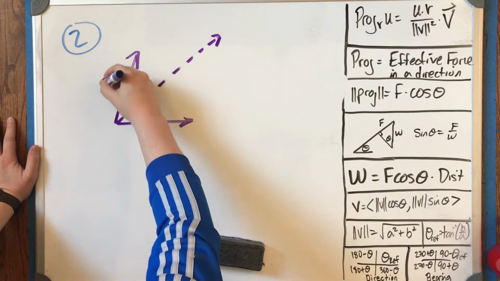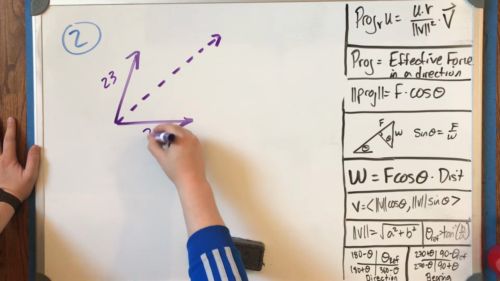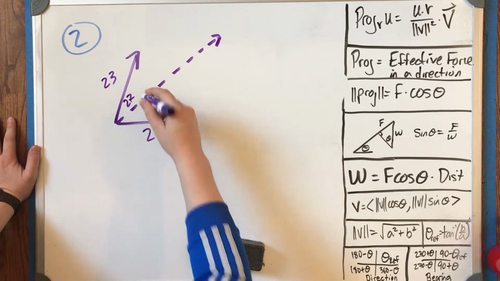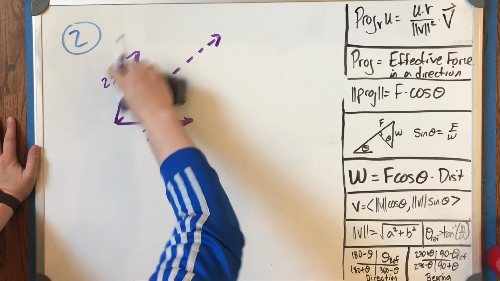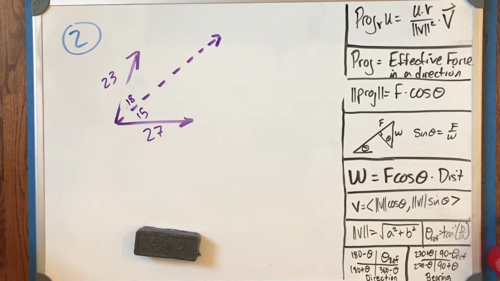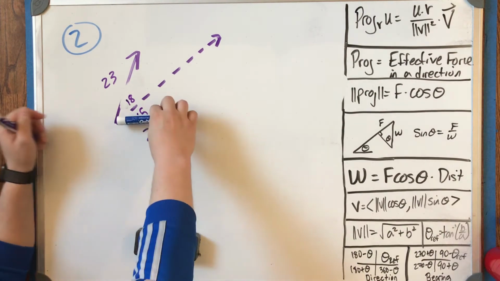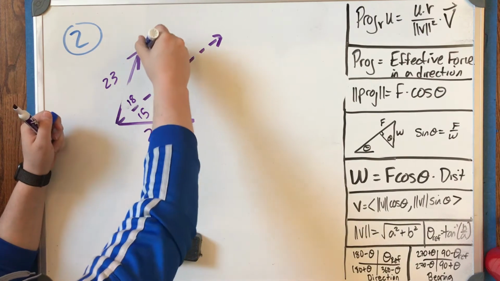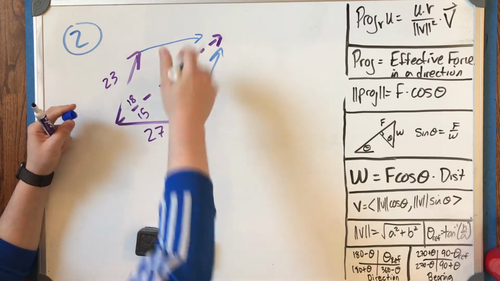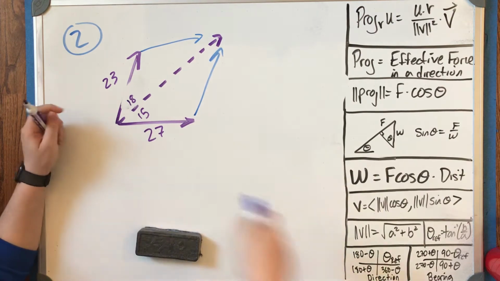And what we have to remember is that the way that vector addition works, and I'm going to use a different color if I can write this down and talk at the same time, which I can't. So vector addition says that I can take this side and I could put it right here, and I can take this side and put it right here, and this makes a giant parallelogram, okay?